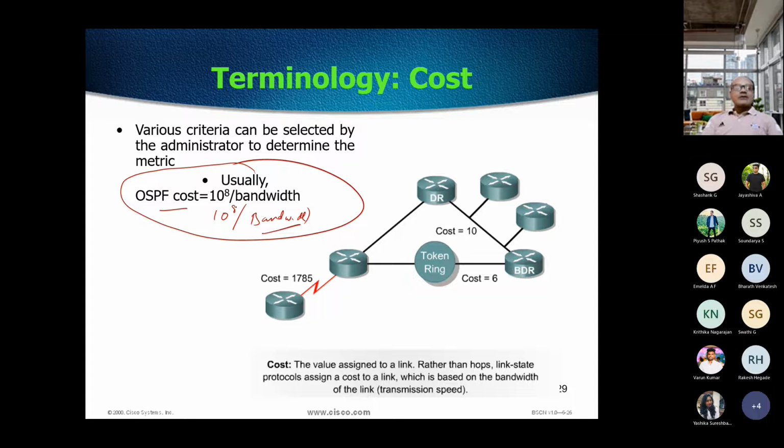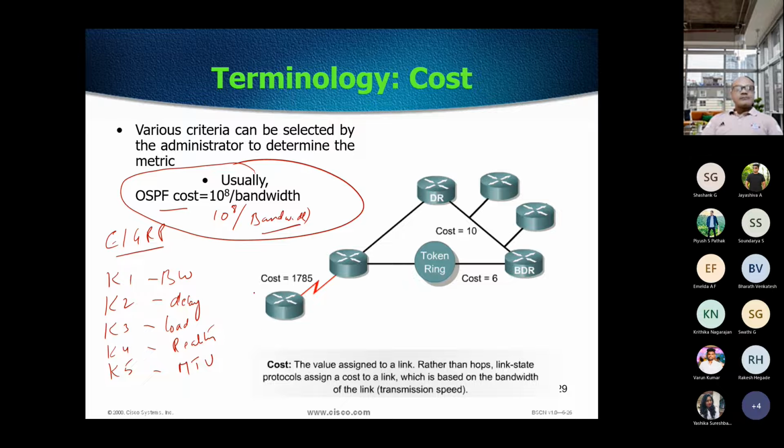Whereas EIGRP, how does it calculate? It uses bandwidth, delay, reliability and MTU.